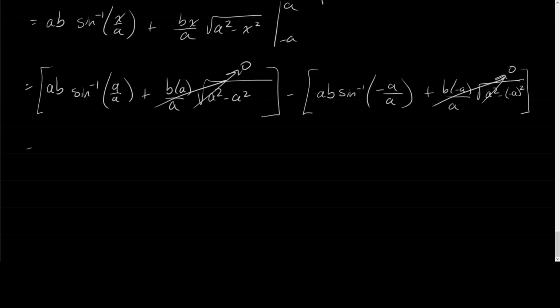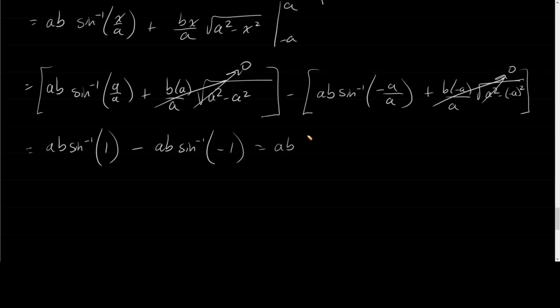So what do I get now? I get ab times sine inverse of a over a, which is just 1, minus ab times sine inverse of negative a over a, which is just negative 1. And at that point, we say, well, sine inverse of 1 is pi over 2.